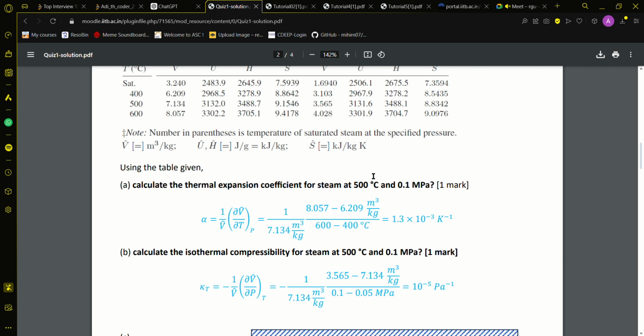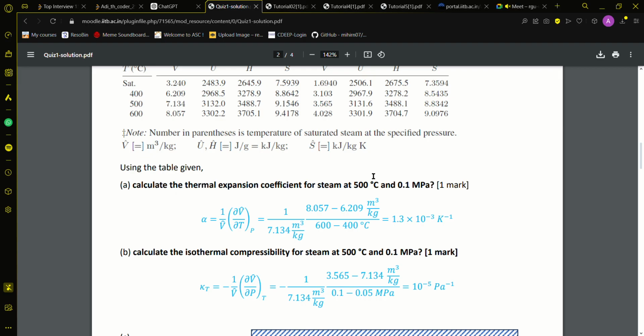So we need to find this at 500 degrees Celsius and 0.1 megapascal. So we take the V cap to be same as before, 7.134. That's this value here, and then we take the delta V by delta P.